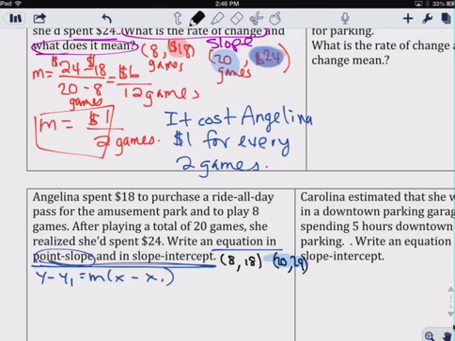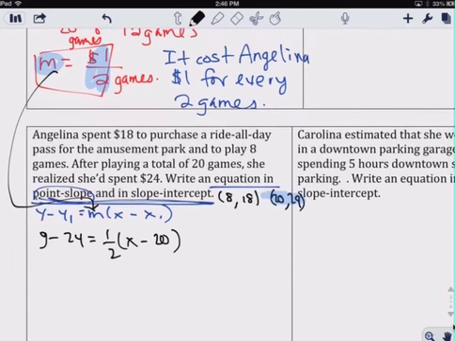Okay. So y minus 24 equals m. We found m. The slope here is a half. So I'm going to use that for this one here. Parentheses x minus 20. Okay, distribute, that's 1/2 x minus 1/2 times 20.